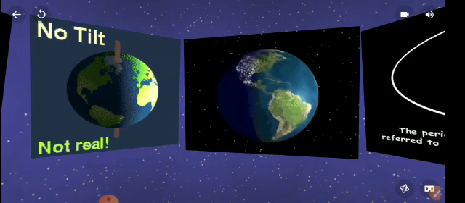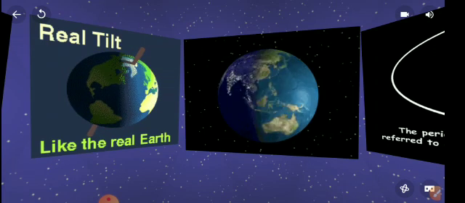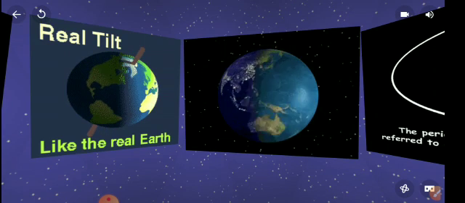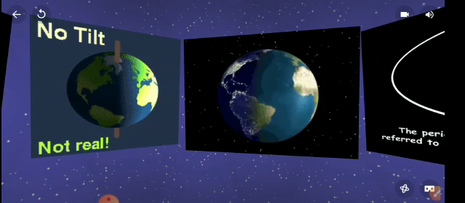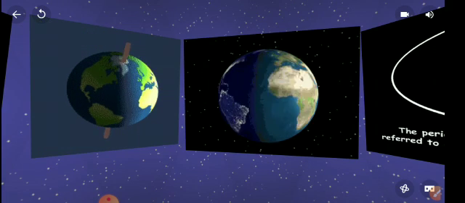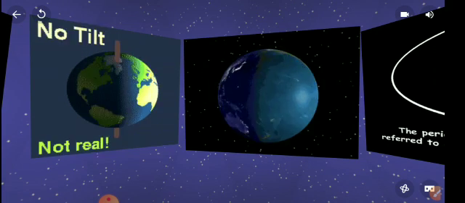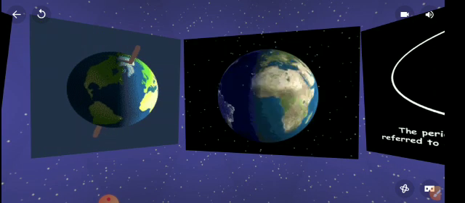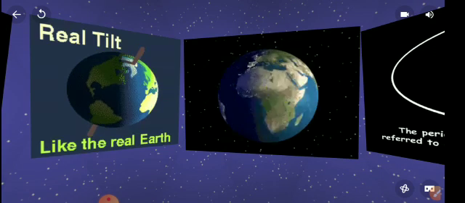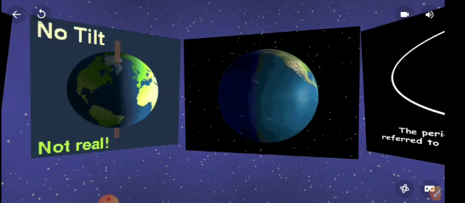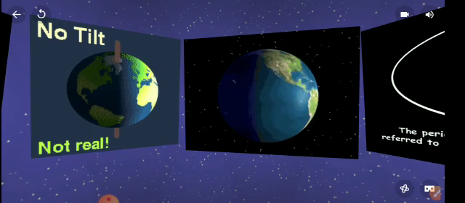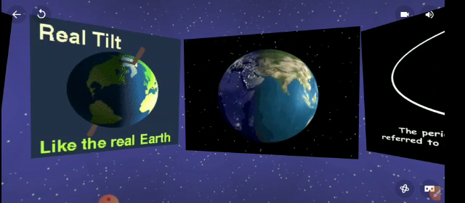What would happen if the earth did not rotate? Can you imagine? One particular region would be in continuous warmth, and the other region would remain in darkness and be freezing cold all the time. Would life have existed in this extreme condition? I don't think so, my dear students.